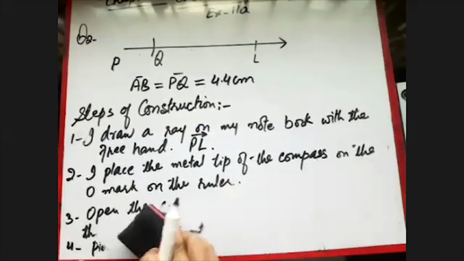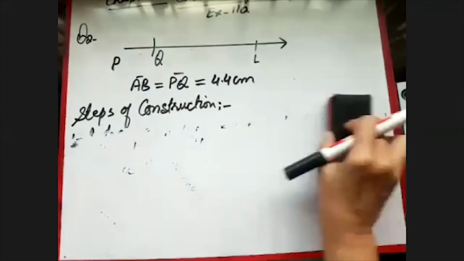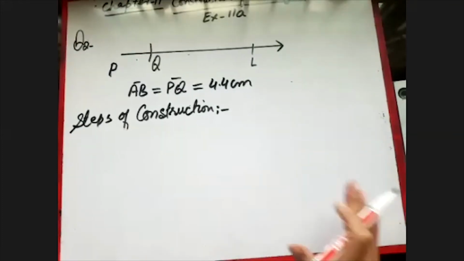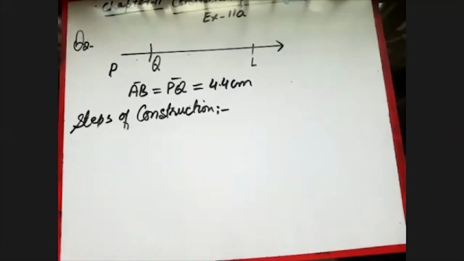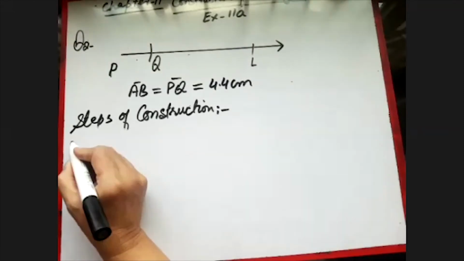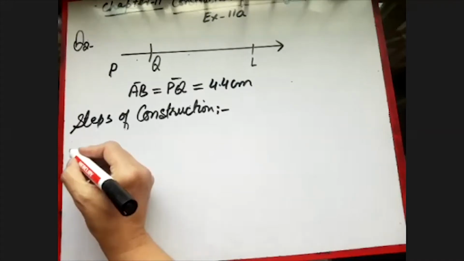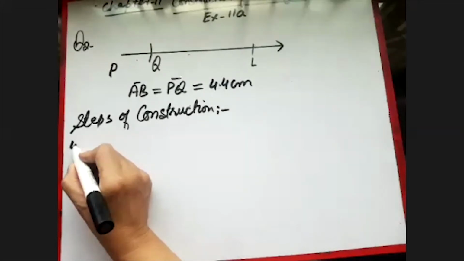Now you have to cross the same line on the ray. Now, this is the fourth point, I think.